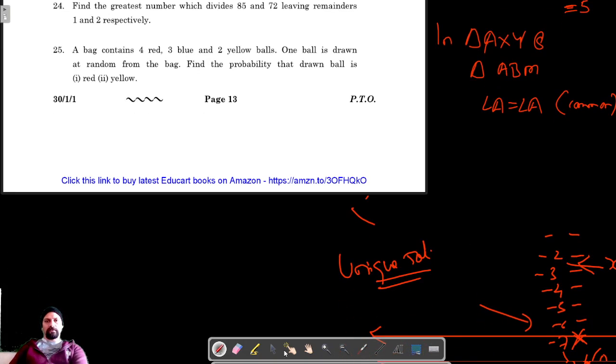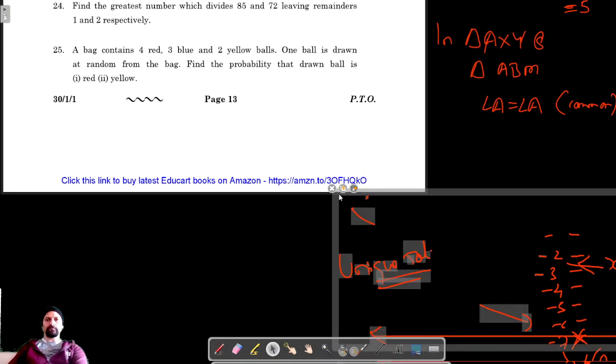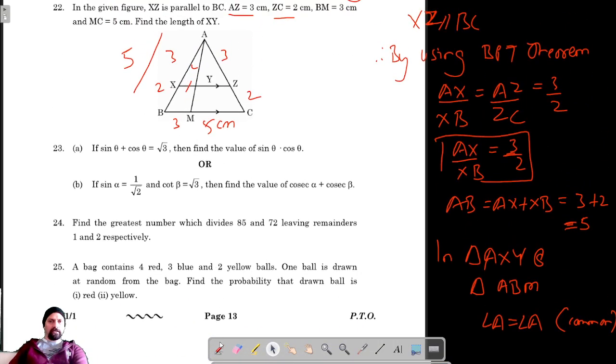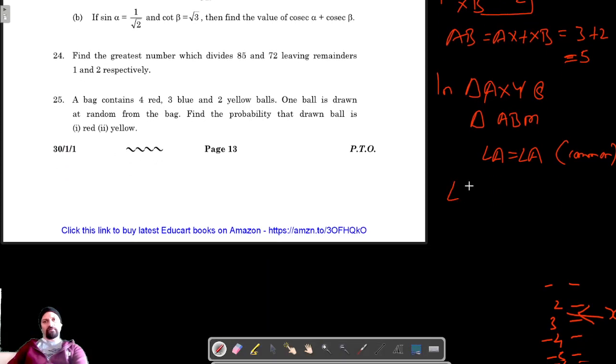So angle A is equal to angle A is common, and angle AXY is equal to angle ABM because these are corresponding angles.